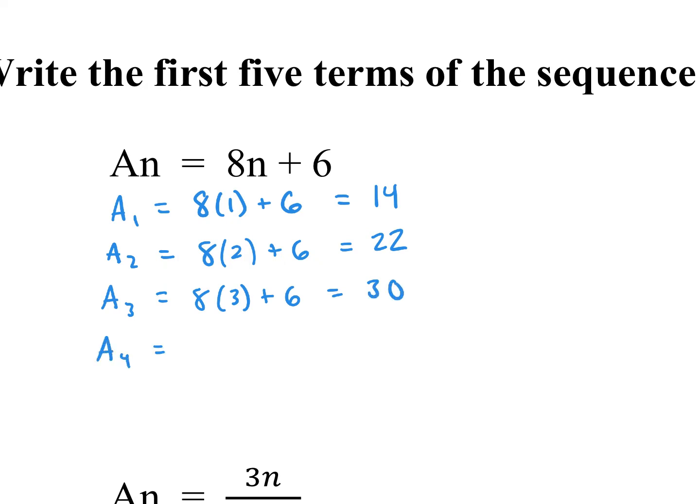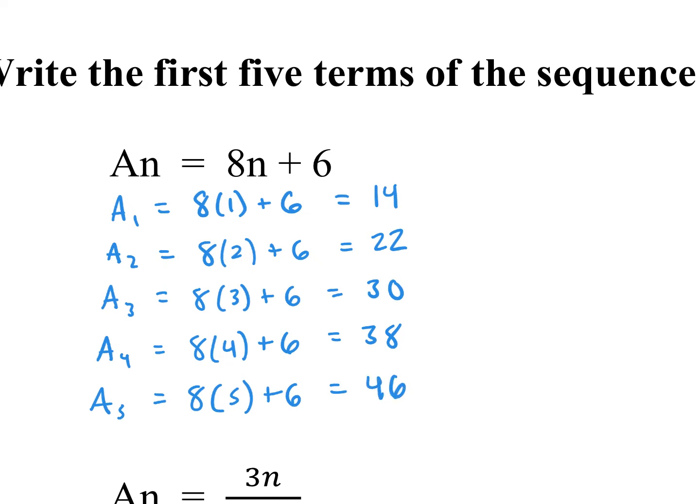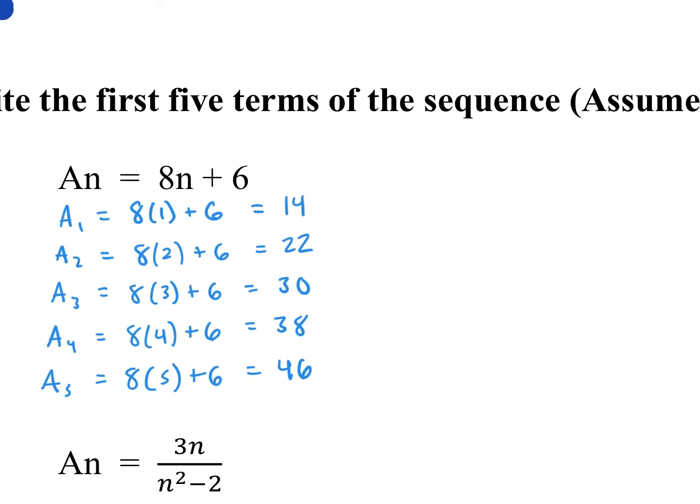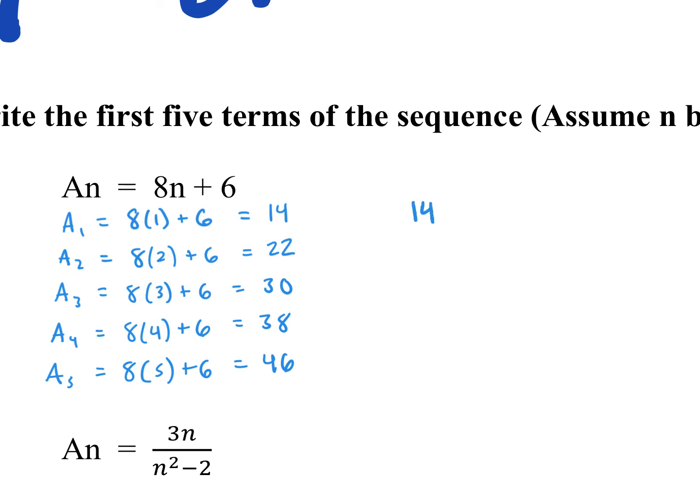A sub 4, we plug in 4. What do we get? 38. And then the last one, a sub 5, we plug in 5. What do we get? 46. So our first 5 terms are 14, 22, 30, 38, and 46.